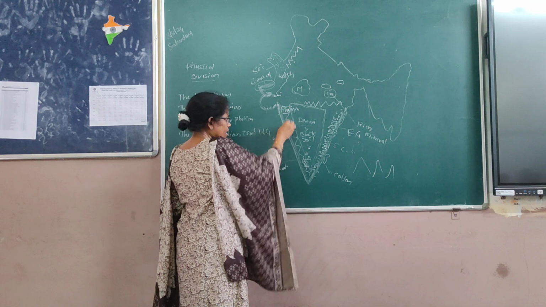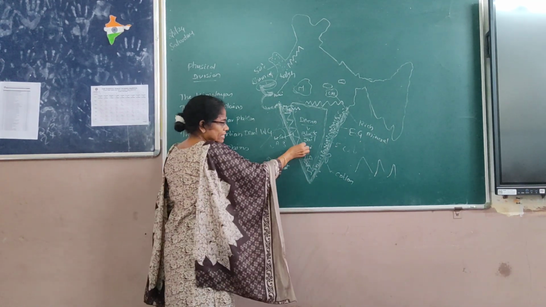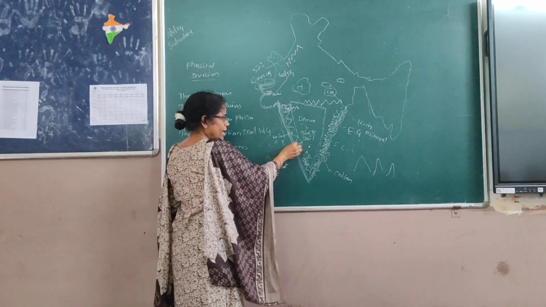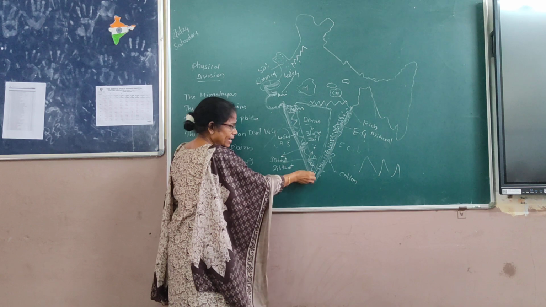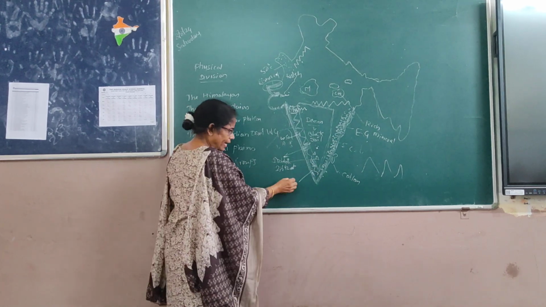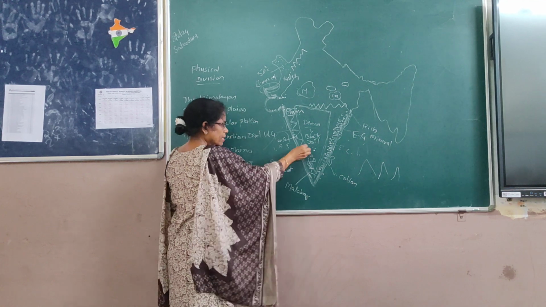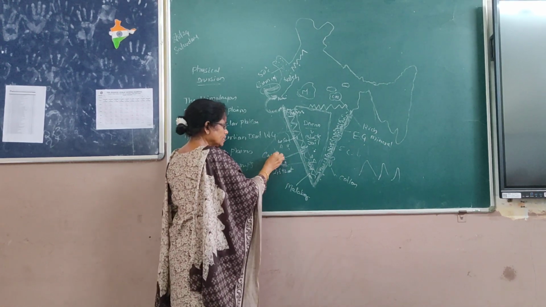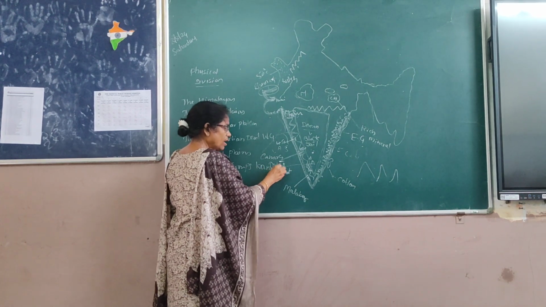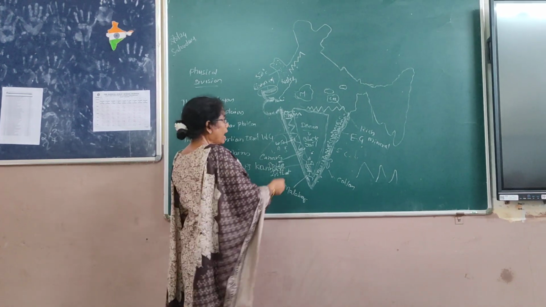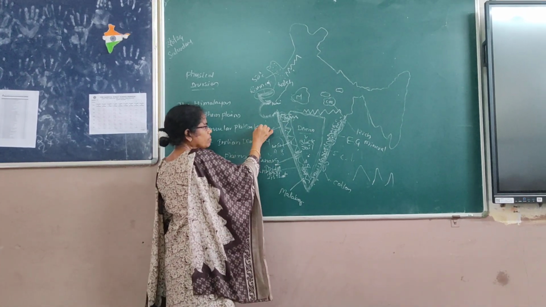Maharashtra and Goa together as one region, Karnataka as one region, and the Kerala region as one region. The Kerala region is the Malabar coast, and this is the Canara or Kannadi coast. Maharashtra and Goa together are called the Konkan coast.